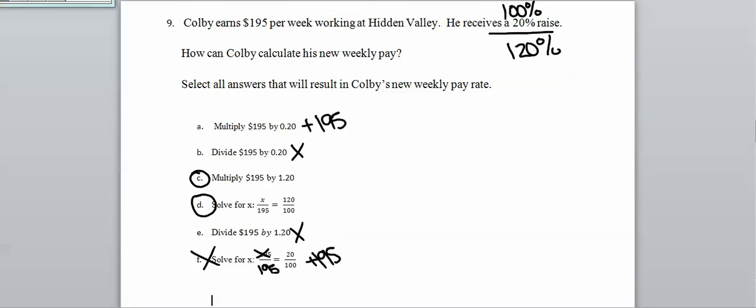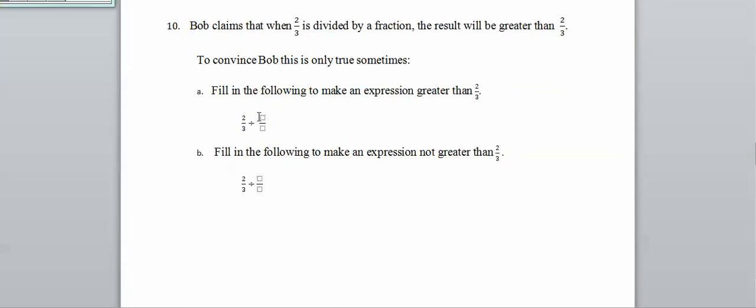Okay. On this one, we are dividing by 1/9, because if you take 2/3 and you flip it over, you're getting 18/3 or 6. You could also do other fractional numbers as long as it gives you a number that's greater. So you're going to just have to try a couple.